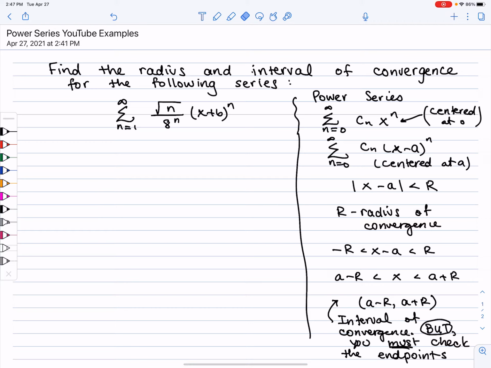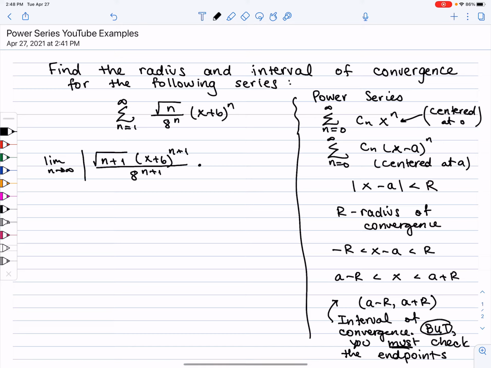So the ratio test, we're going to say the limit as n is approaching infinity of the absolute value of the square root of n plus 1 times x plus 6 to the n plus 1 power over 8 to the n plus 1.